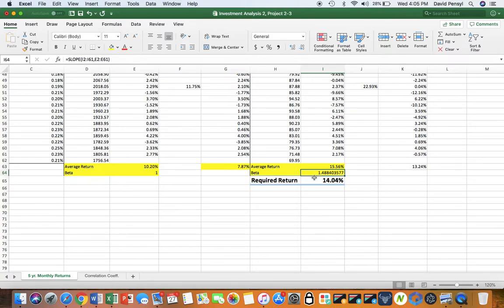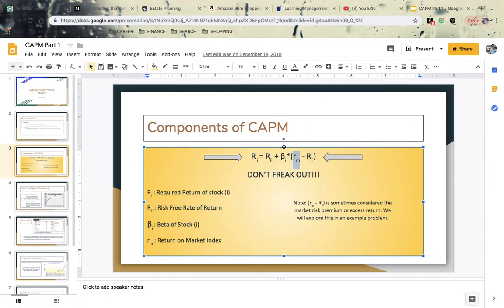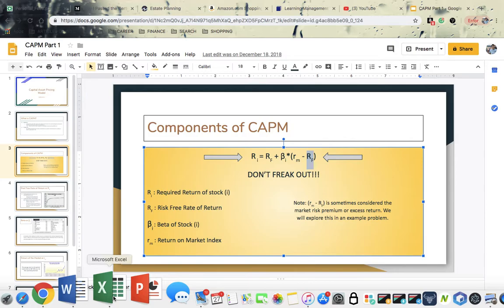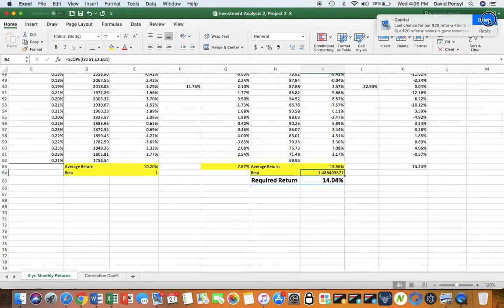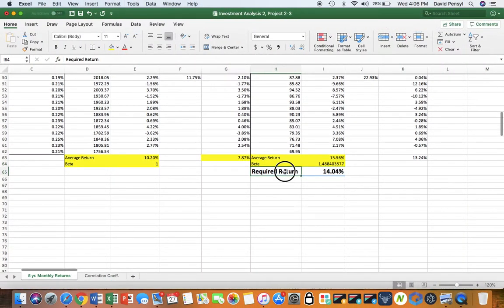So if we take our beta, 1.49, we now have everything we need for our CAPM formula. Risk-free rate of return, 2.32%, plus beta, 1.49, times the return on the market, 10.2%, minus the risk-free rate of return, 2.32%. If you plug them in, you will get a required return.